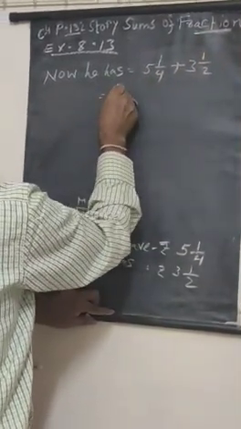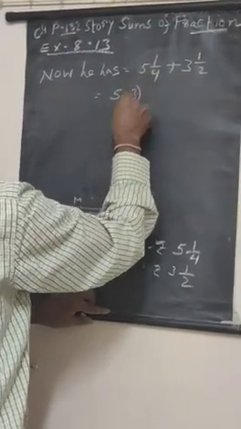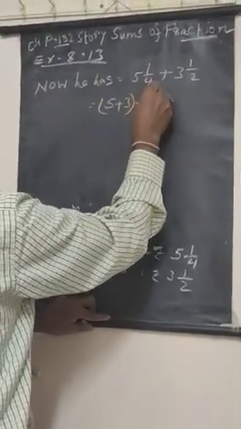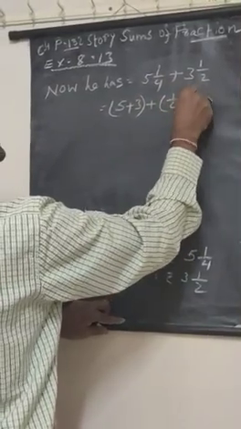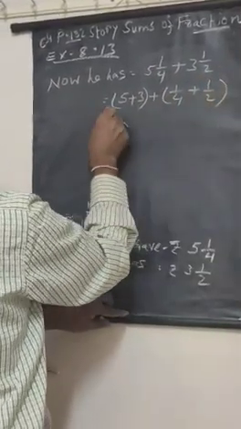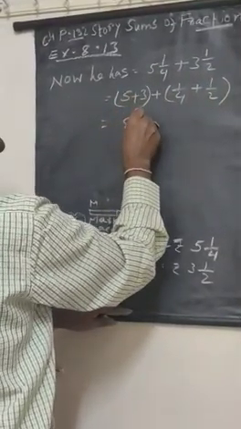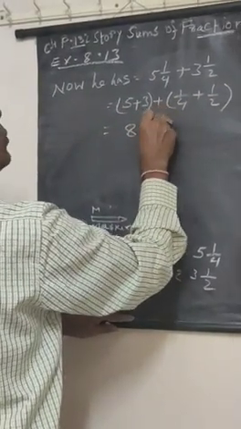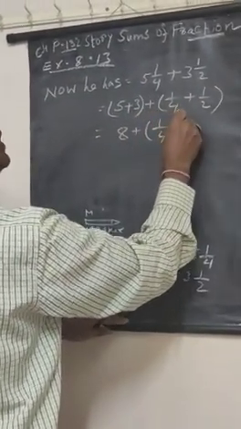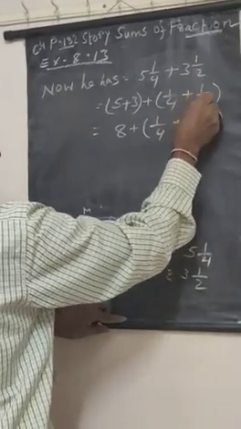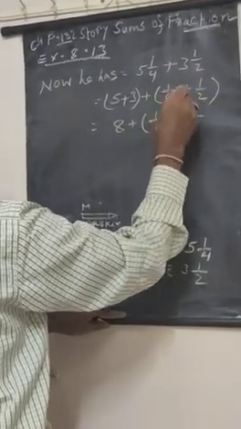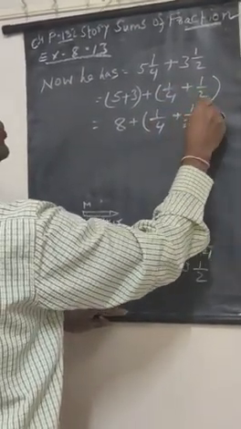So this is equal to 5 plus 3, taking the whole numbers, plus 1 by 4 plus 1 by 2. So 5 plus 3 is how much? 8 plus 1 by 4 plus, make this one a 4, because 2 and 4 are in the 2 table, 4 is there, 2 into 2.